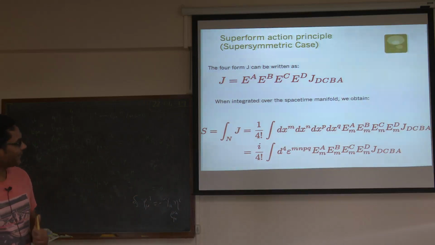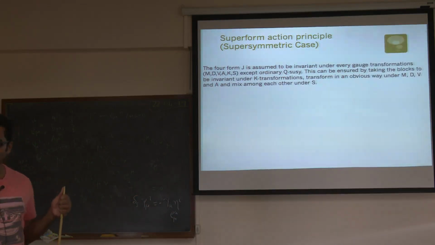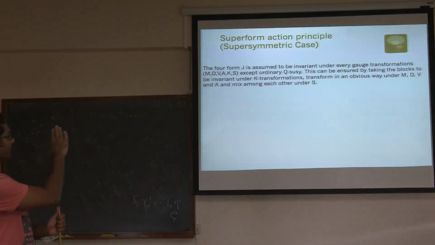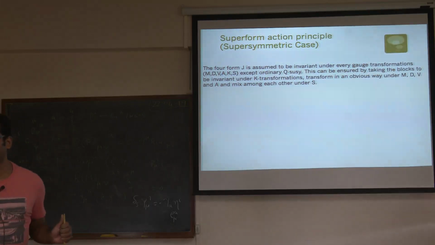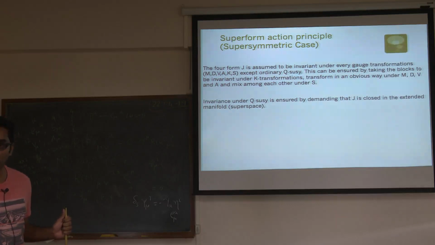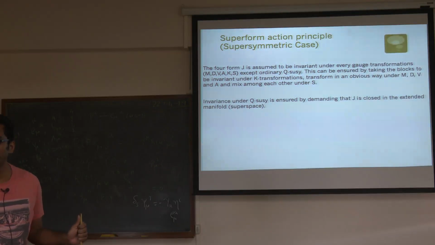So we will implement it in such a way that this 4 form J is assumed to be invariant under all these bosonic transformations as well as S supersymmetry. And the only thing that we have geometrized here is the Q supersymmetry, and invariance under Q supersymmetry is ensured by demanding that this 4 form J is closed in the extended space, which is a superspace.